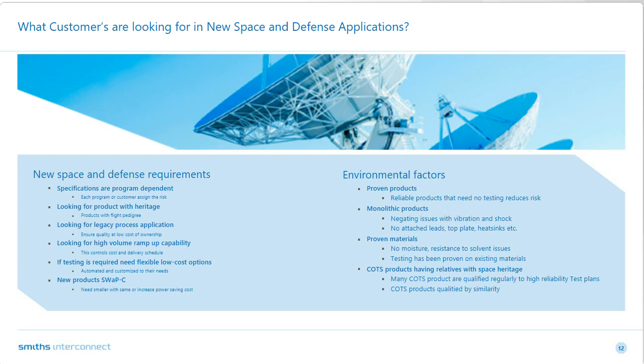Manufacturers are also looking for improved products that have smaller size, weight and cost than traditional high reliability products. With smaller size, customers are looking for increased power to shrink footprints for these smaller satellites. Environmental factors in this class usually require little to no testing. They look for proven products that have shown repeatability over the past.